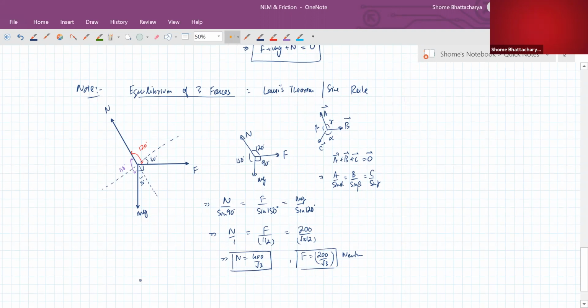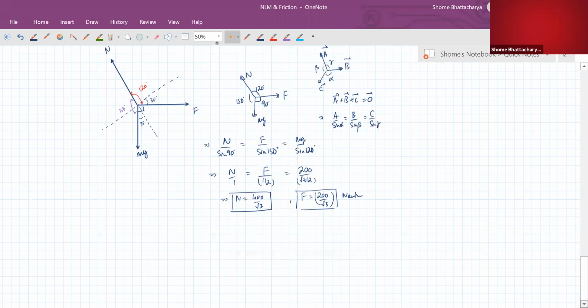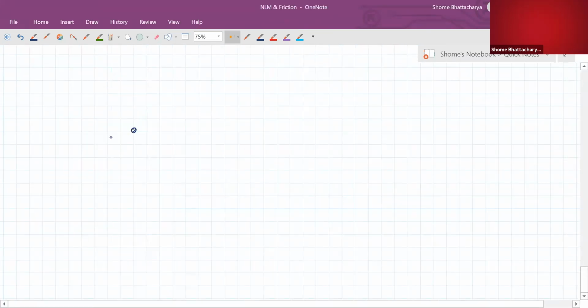The alternative is, of course, you can resolve forces and work it out. So you can also work out a resolution of forces method. If you want to use component algebra, you can always do that.